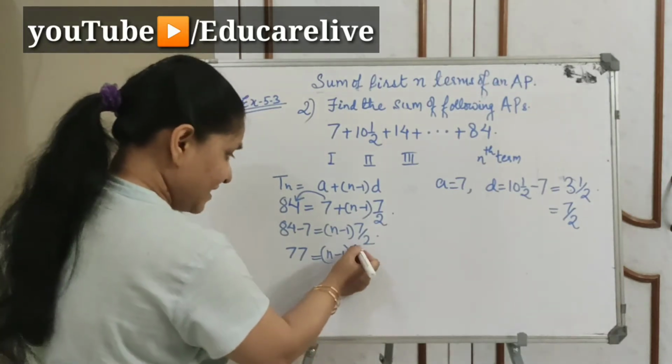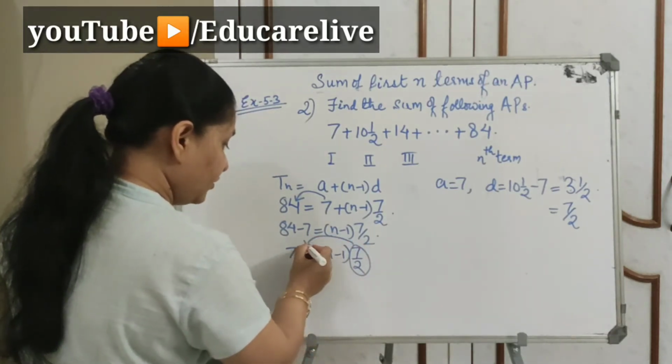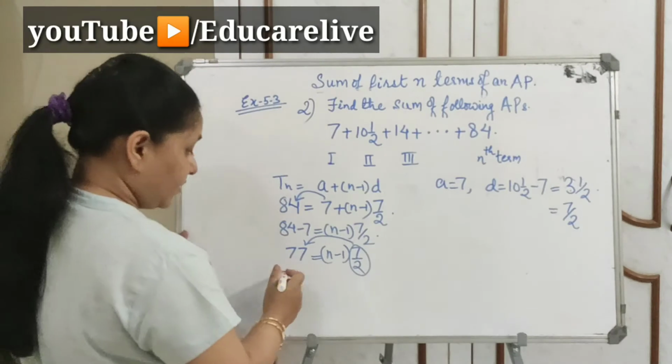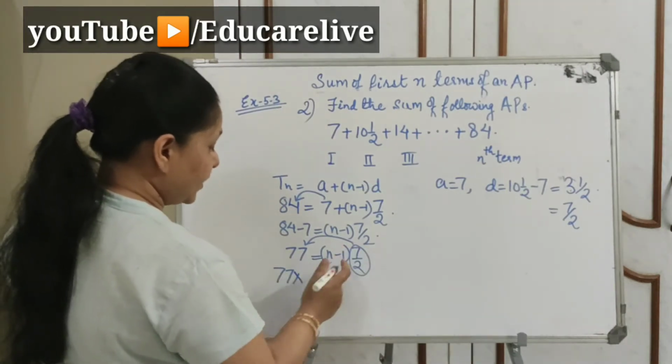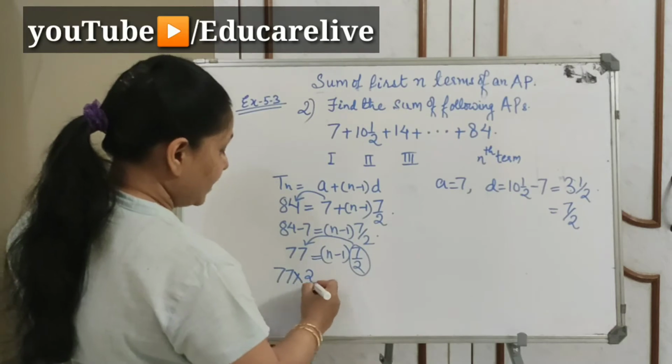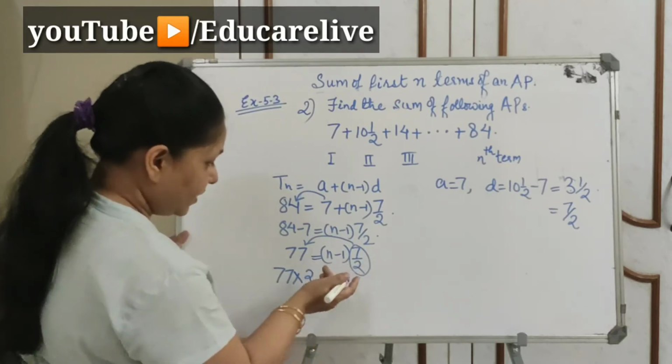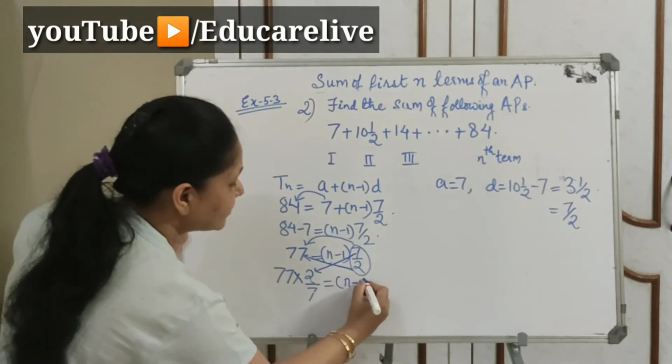Now this 7 by 2, if we transfer it here, it gets reciprocated, so it will be 2 by 7.